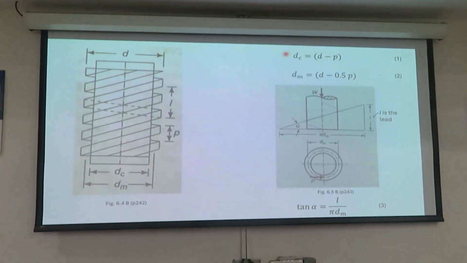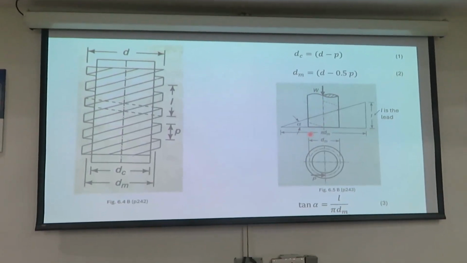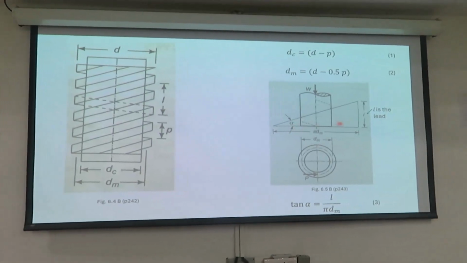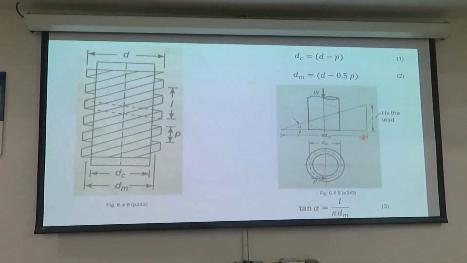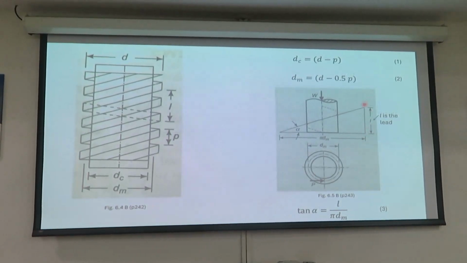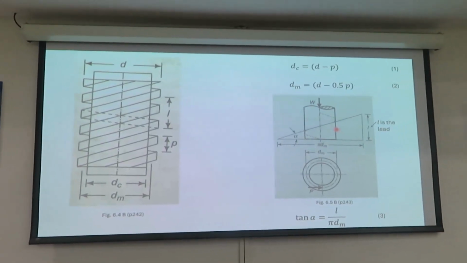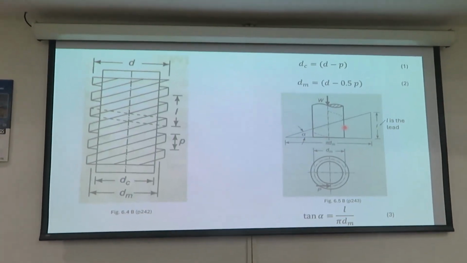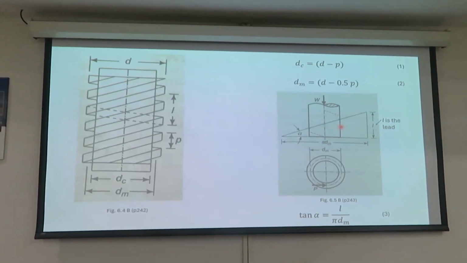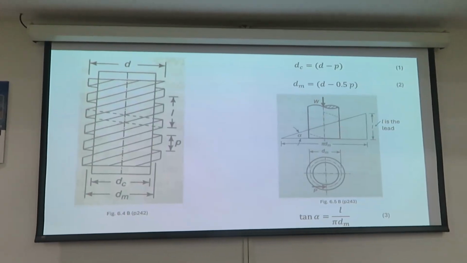These are the relations you can see. And here, the important thing is tan alpha. Alpha is the angle which determines how much your load is going to be lifted per turn. If you turn 1 round, how much do you go up? It's like a spiral ladder: if you go 360 degrees, how much did you go up? That is the lead.